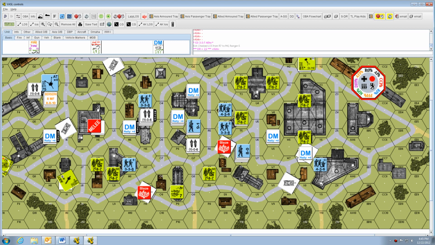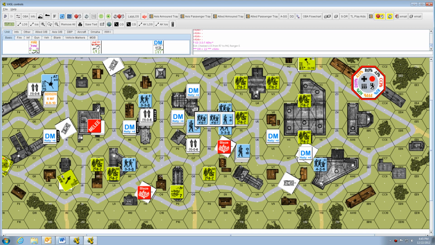And so he can't go into Q4 because he'd still be adjacent. He can't go into P5. He can go into O5, but he'd be interdicted by this unit in N3. He can't go into O4 because he'd be interdicted. And so basically, at that point, the American unit must surrender to the German player.